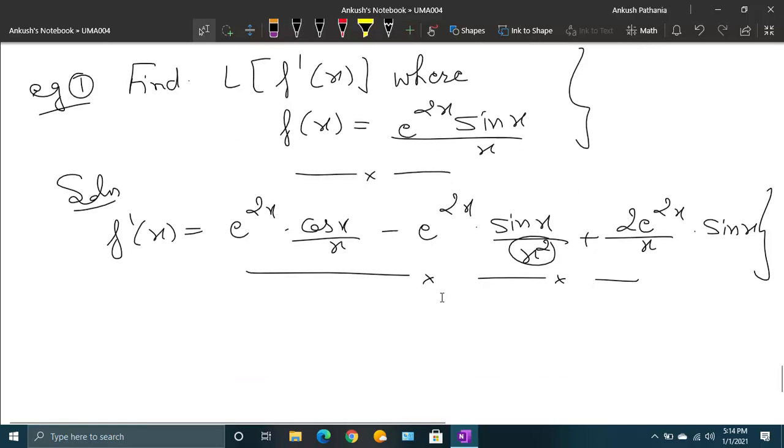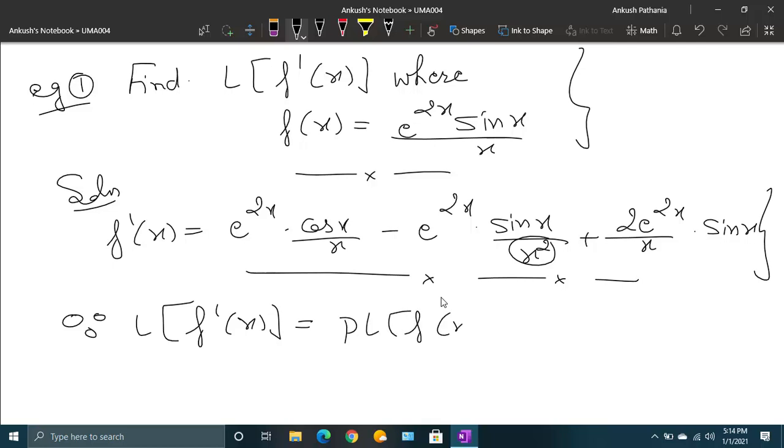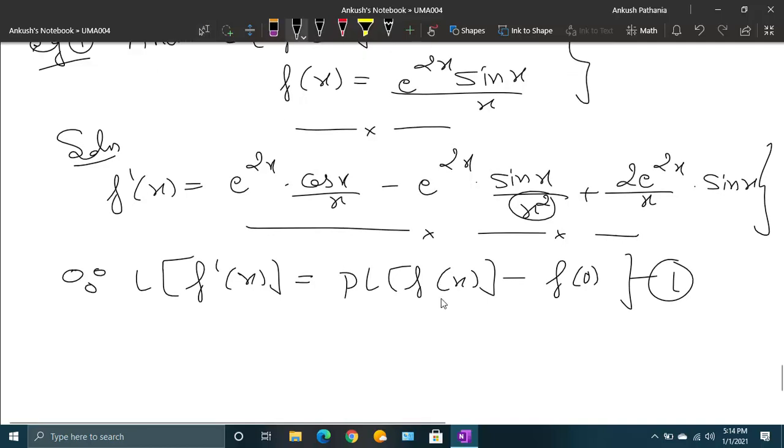So let us use the formula for the Laplace of a derivative. If we take the Laplace of the derivative of the function by the formula, we have p times the Laplace of fx minus f0. So we just need to find the Laplace of fx and the value of the function at 0.